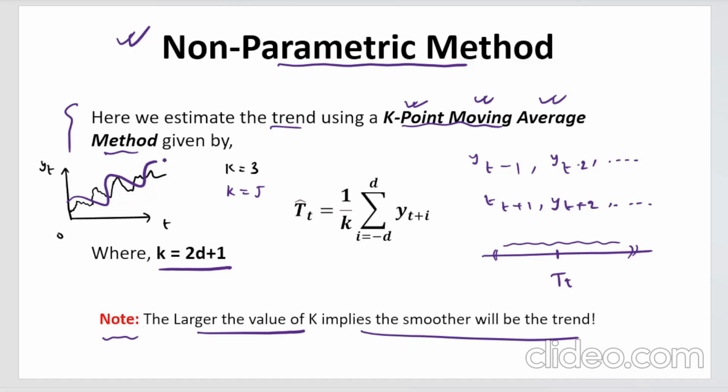So this will be your trend estimation using non-parametric method, and as you keep on increasing this value of k, the larger the value of k, the smoother will be your trend. So this fluctuation, if you see in this diagram, is relatively less than what we see in the 3-point moving average, right? So this is what we have.